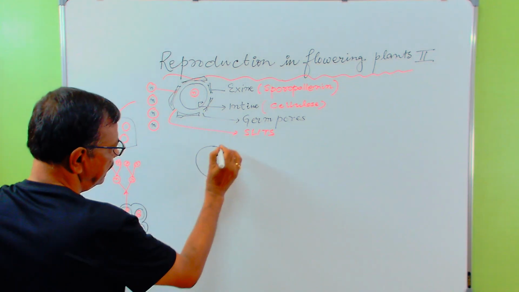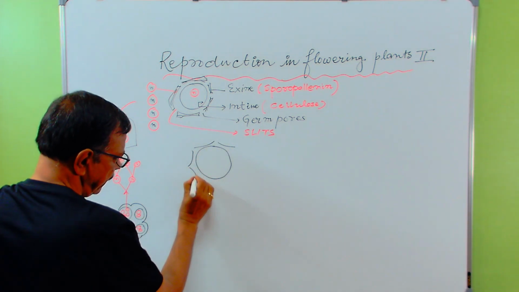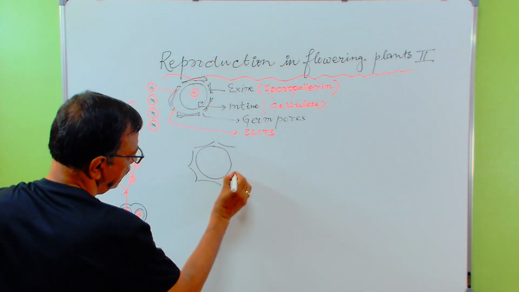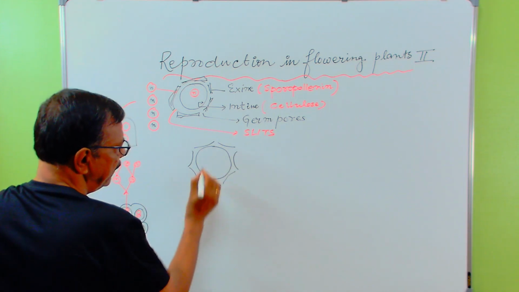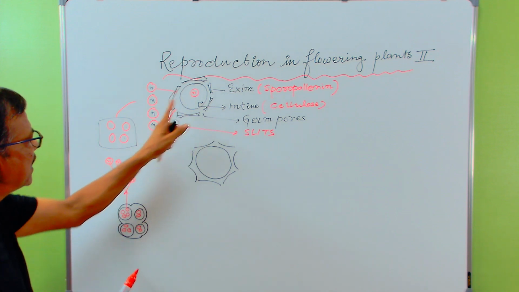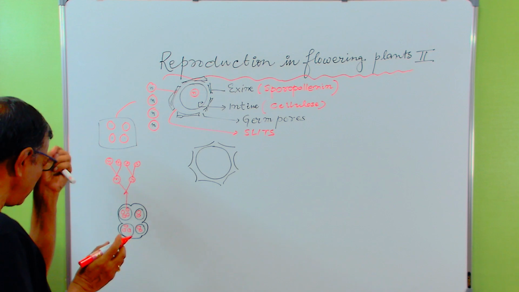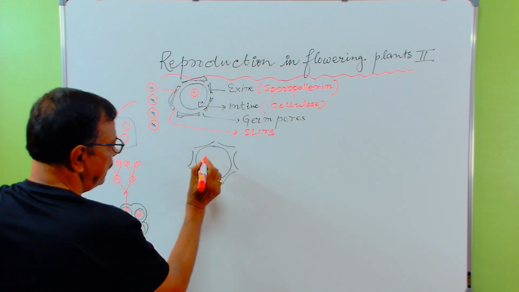This is intine, and exine is there. Now this nucleus, the haploid nucleus, will undergo division.